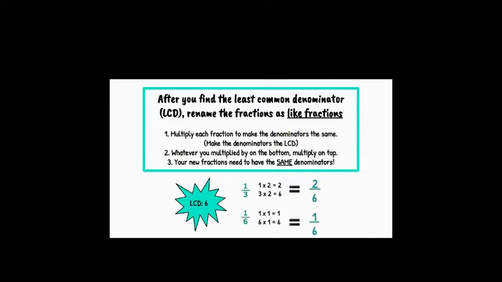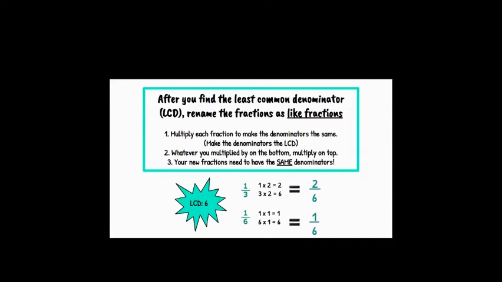After you find the least common denominator, rename the fractions as like fractions. So to do this, step 1, you're going to multiply each fraction to make the denominators the same. So since we already found the LCD as 6, our new fraction needs to have 6 in the denominator.